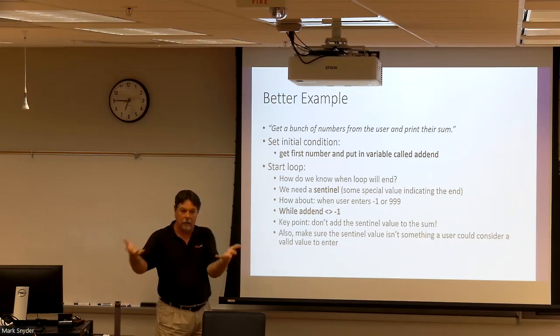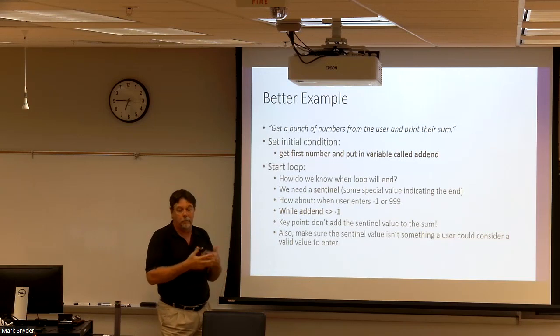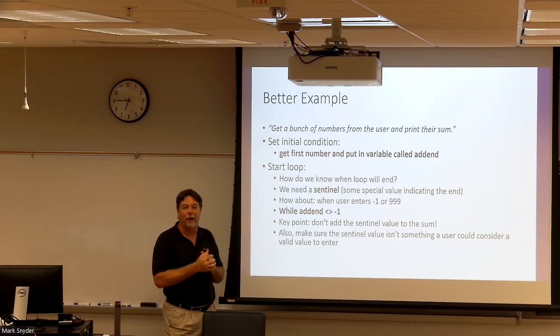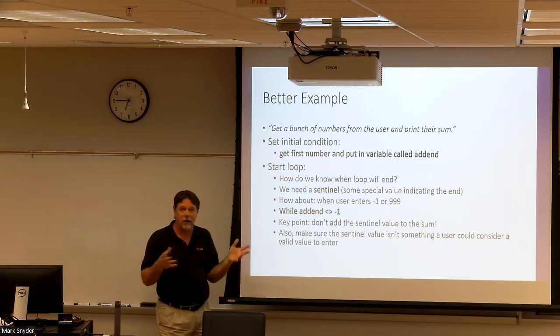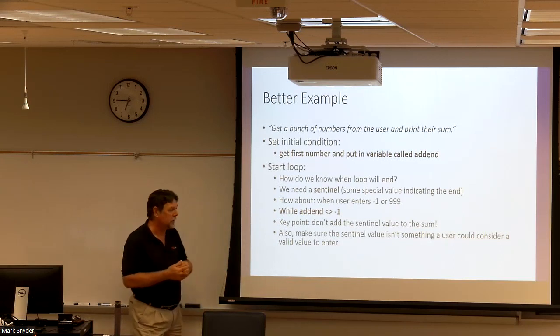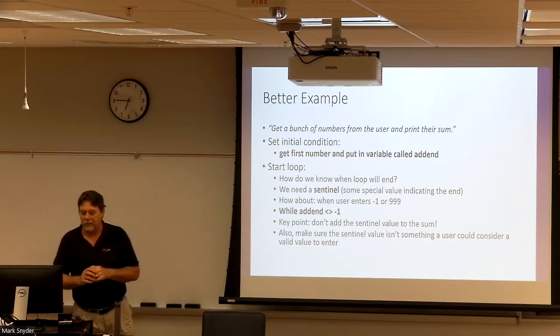We tell them, hey, if you enter this special value, you're done. Besides, if you don't tell them, maybe they don't know what the sentinel is, or maybe they forgot, and they're having to guess. Was it 0? Was it -1? Was it 999? They keep entering numbers, trying to guess, and now their sum is all messed up. So it's good to put your sentinel value in your prompt message.